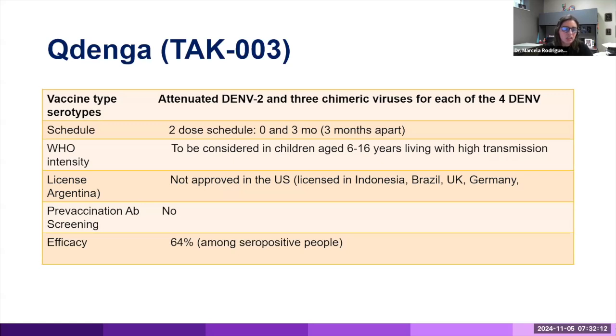This is licensed in Indonesia, Brazil, UK, Germany, and Argentina. It is not approved in the US. Pre-vaccination antibody testing is not recommended for this vaccine, different from the previous one I just discussed, and efficacy is a little bit lower, 64%, among seropositive people.